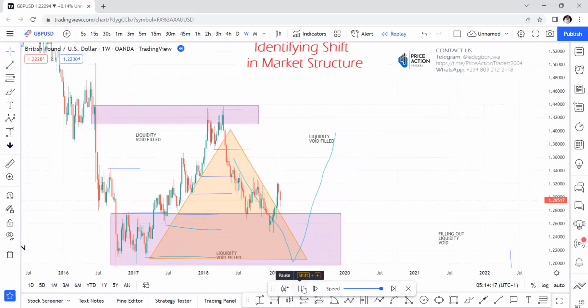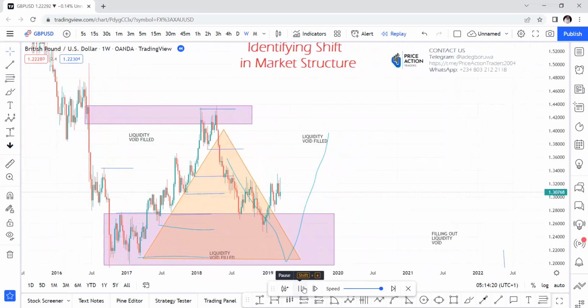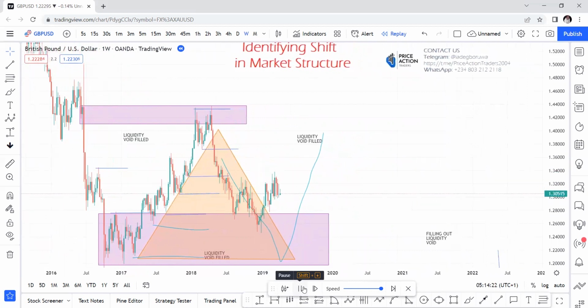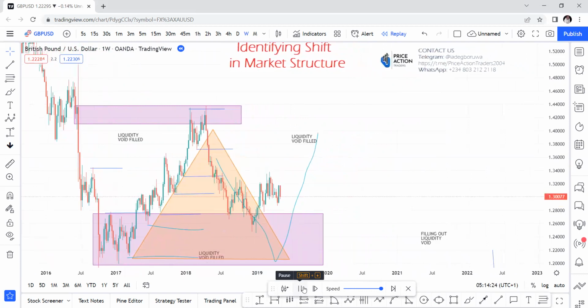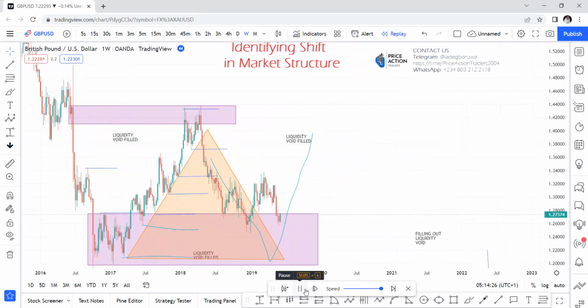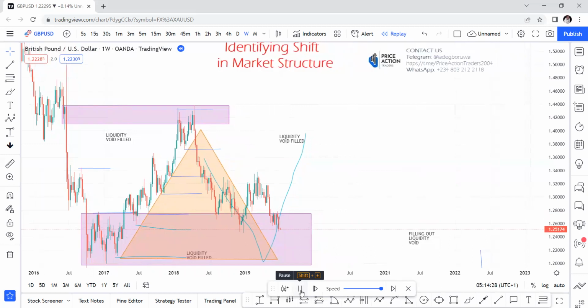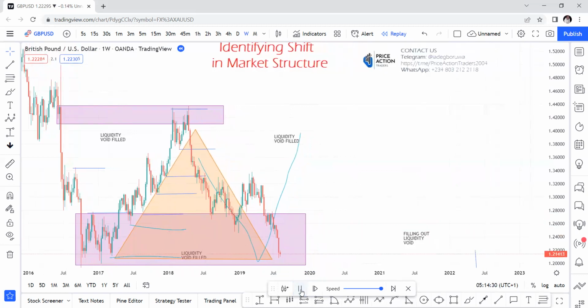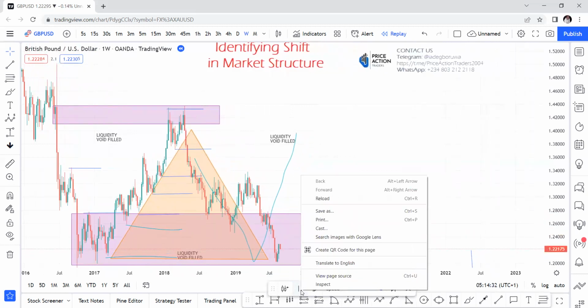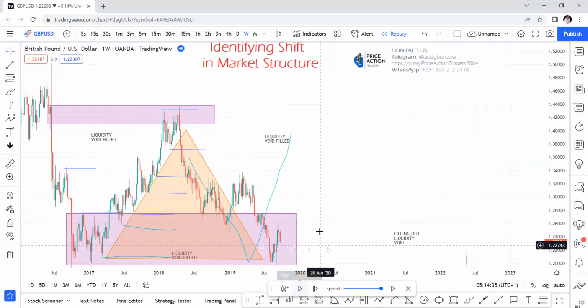So it is your duty now to go and do what? This is a weekly chart. It can happen, you can see it in the daily chart, you can see it in the 4 hour, depending on your style of trading. If you are a scalper, you just need to go to your lower time frame and look for the setup for entries, in order to get a good risk reward ratio.